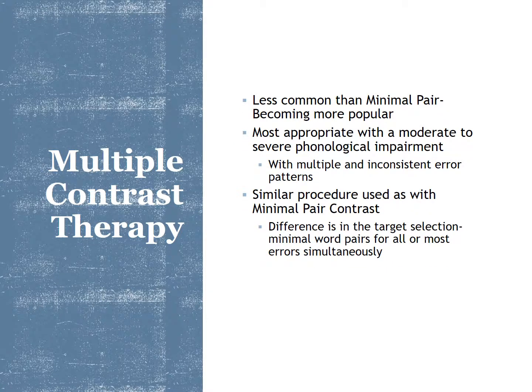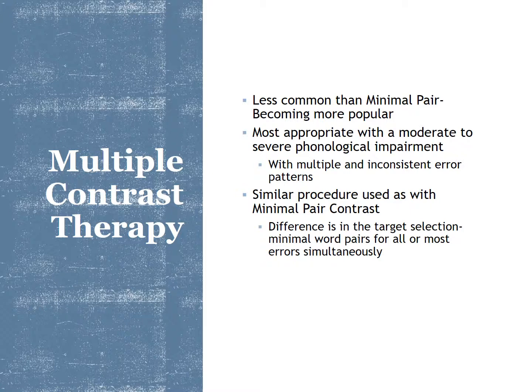And last, the third approach is multiple contrast or multiple opposition. Now, this approach is most appropriate with those kiddos that have moderate to severe phonological impairments, similar to what I just said with the maximal pair therapy.